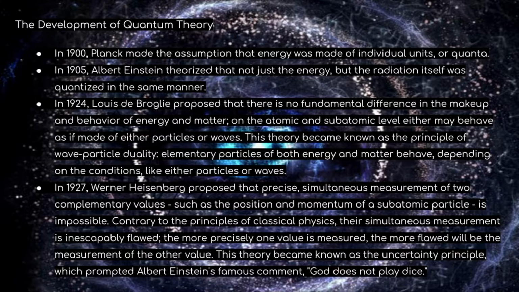The more precisely one value is measured, the more flawed will be the measurement of the other value. This theory became known as the uncertainty principle, which prompted Albert Einstein's famous comment: God does not play dice.